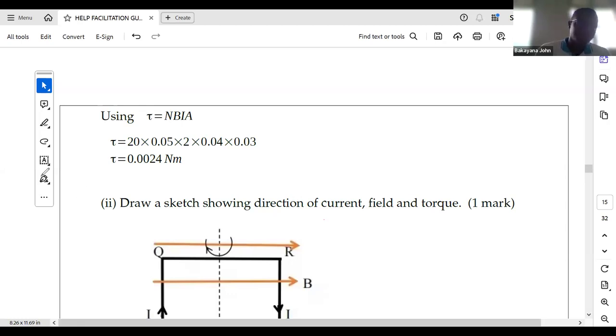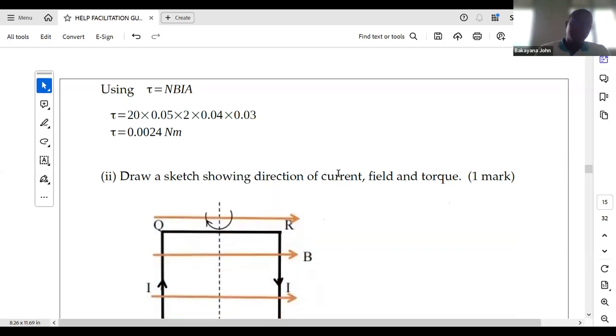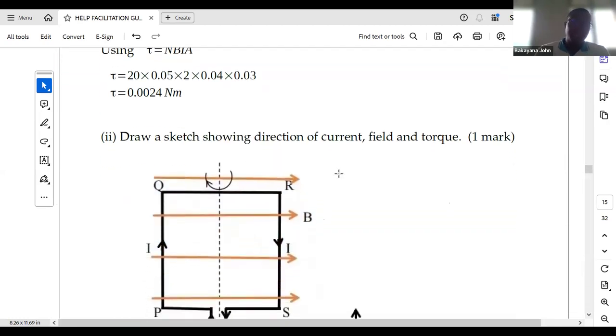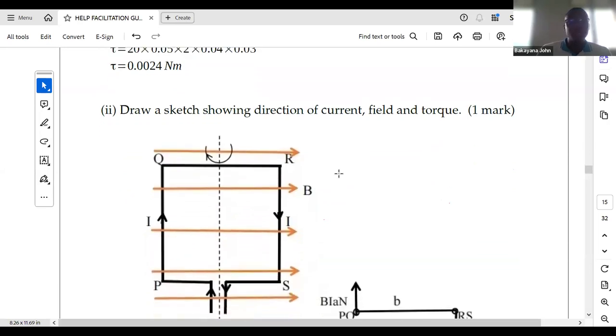So we have seen this. The question was for the previous calculation: draw a sketch showing direction of current, field, and torque.